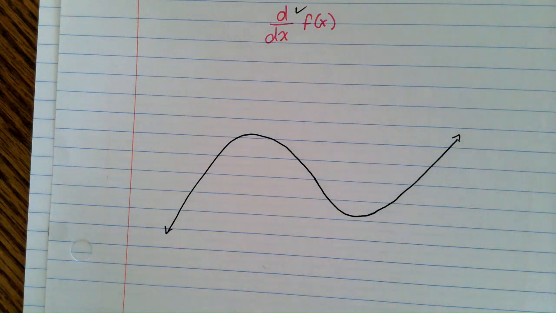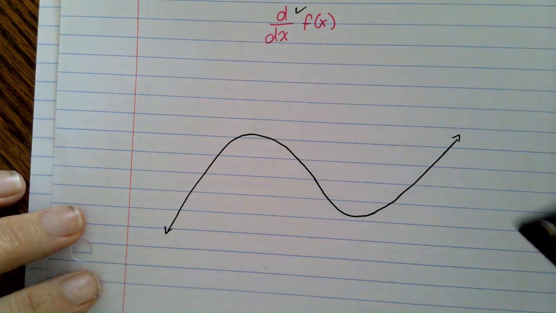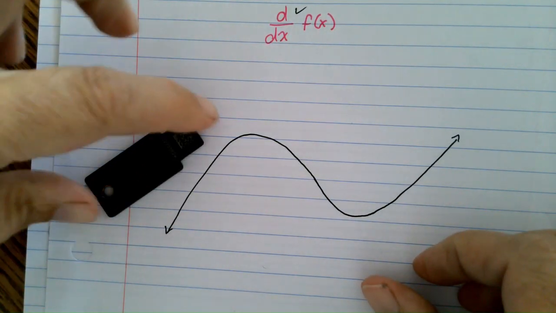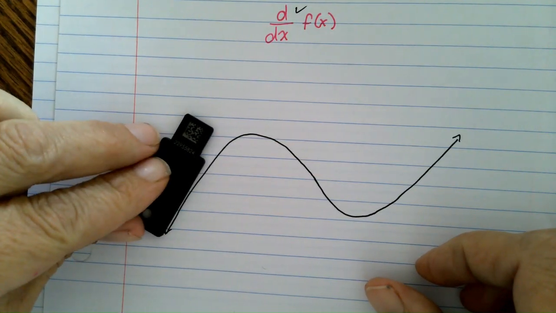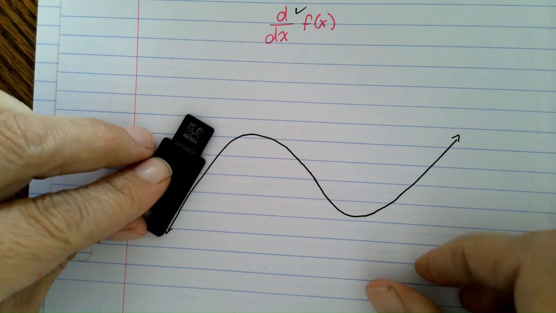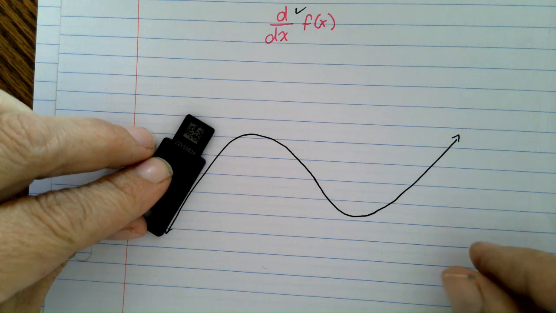So I've just drawn an equation, and I want us to think about the slope of the tangent line. If you watch that I Will Derive video, you'll kind of see this. I'm going to use this little fobby thing. So a tangent line can only touch in one point. So here, the tangent line would be uphill, right? Positive slope.